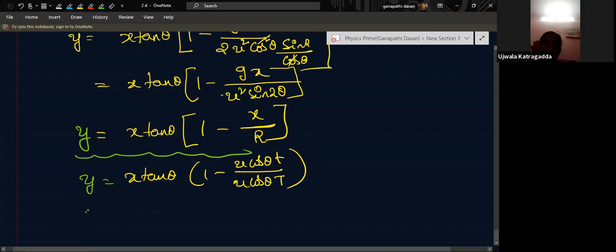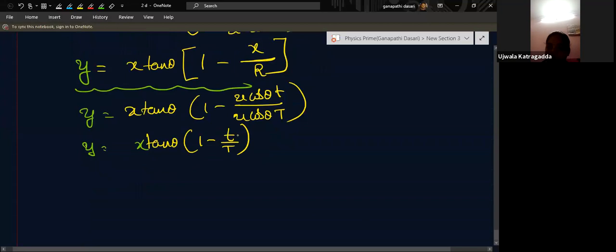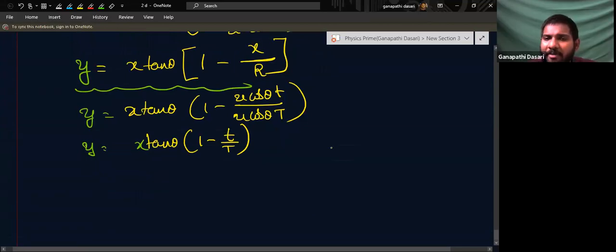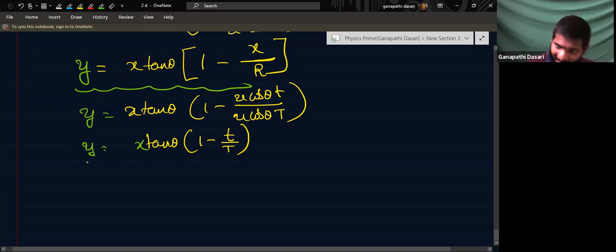Again, this can be simplified as y is equal to x tan theta into 1 minus t by T. If total time of flight is 10 seconds and small t is 5 seconds, so 1 minus 5 by 10 is half. So half into x into tan theta will be the y coordinate.